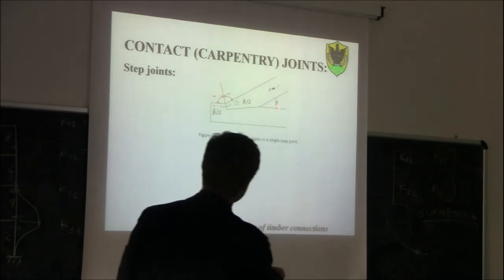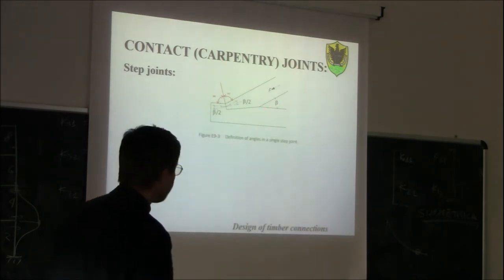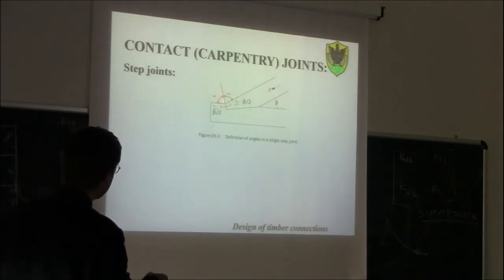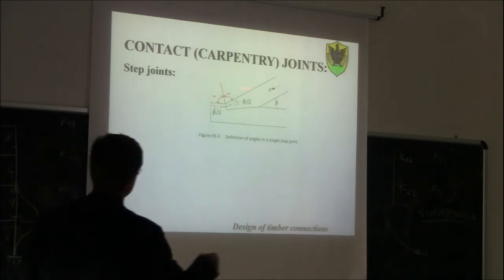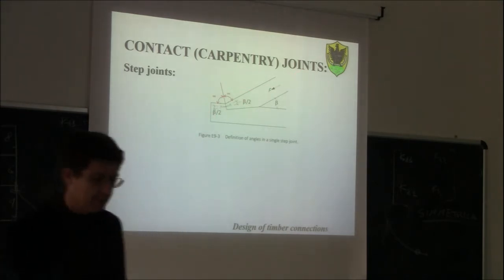So if this is beta, of course, if beta is the inclination of this rafter, here we have that the perpendicular to this inclined line is inclined by beta divided by 2 with respect to the axis of the rafter.